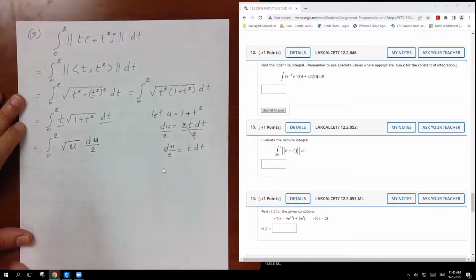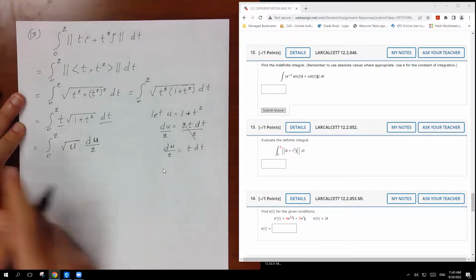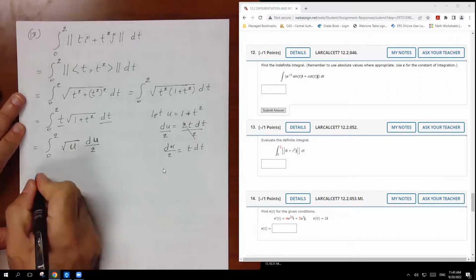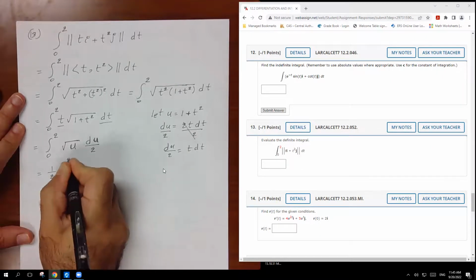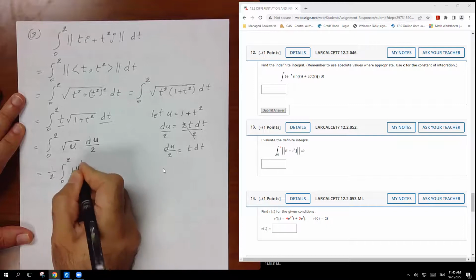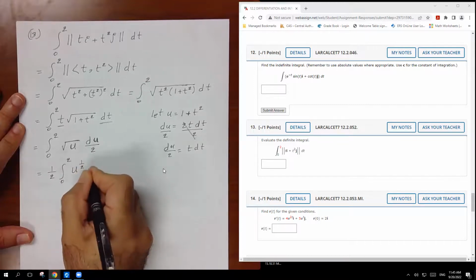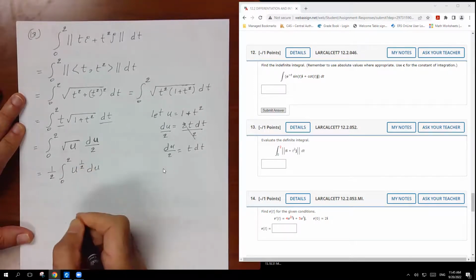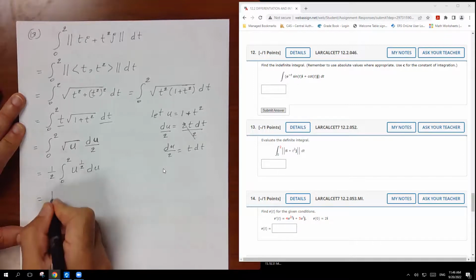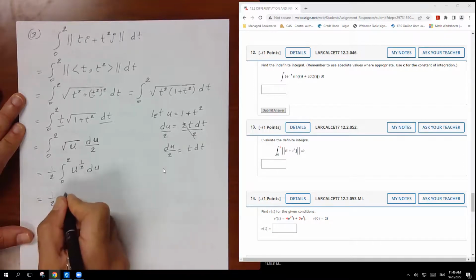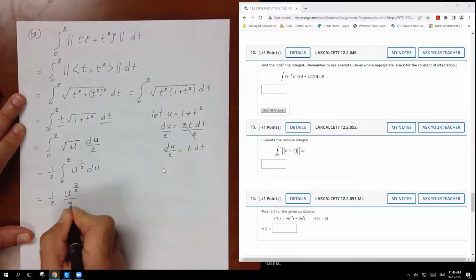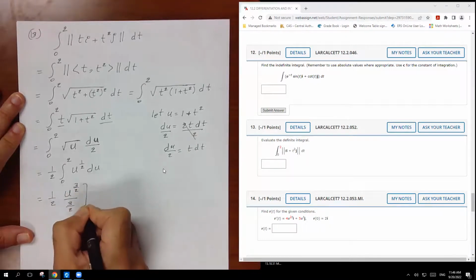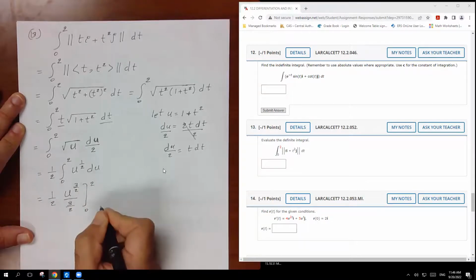So now it's easier to find the integral. I'm going to take the half outside. So this one is going to be half the integral from 0 to 2 of u to the power half du. That means this is going to be half times u to the 3 over 2 divided by 3 over 2, from 0 to 2.